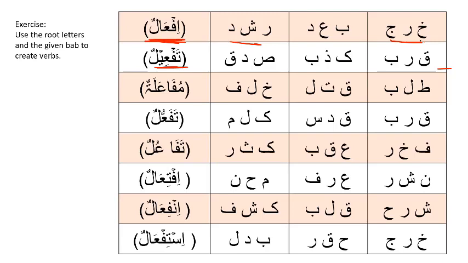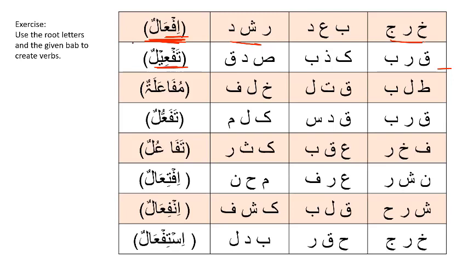So just very quickly, kharaja in bab if'al, what would it be in the past tense? It would be ikhrajun. So kharaja would become ikhrajun. So ba ain dal would become ibadun, and so on. All right.